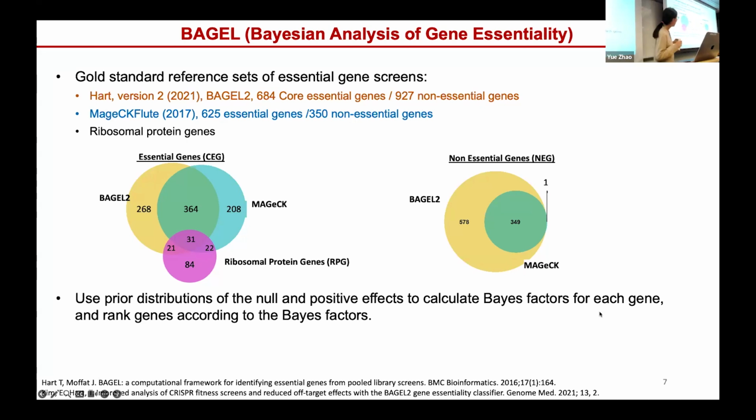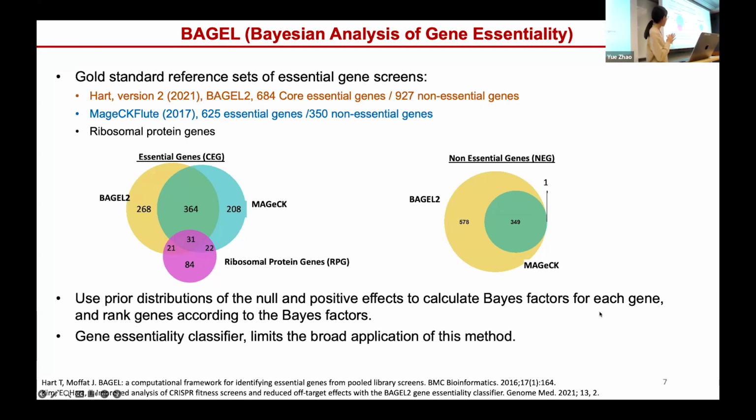And then it ranks the genes according to the Bayes factor. So BAGEL is essentially a gene essentiality classifier, and it performed really good in classifying essential or non-essential genes. However, it has limited application in a broader range of screens, like CRISPRi or CRISPRa screens. It doesn't perform well.